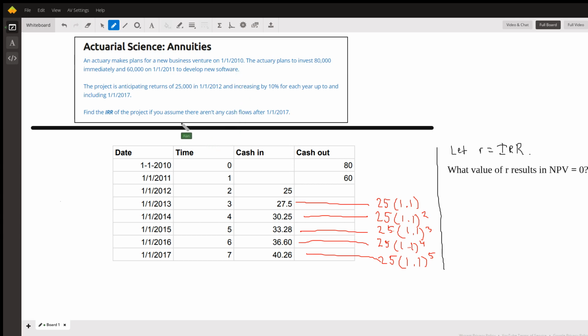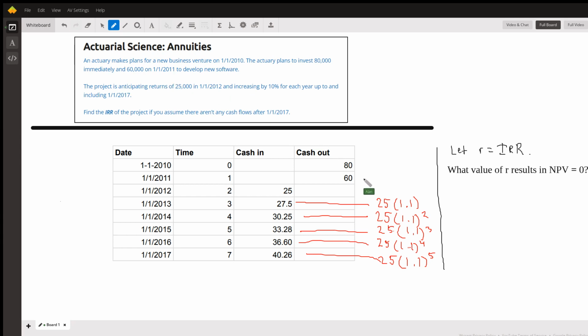Okay, so if I make this nice little table, we have all the dates, we have all the times. It says the actuary makes a business venture. They plan to invest 80,000 immediately. So cash out, I'm going to put 80. The units are in thousands, and 60 on 1/1/2011.